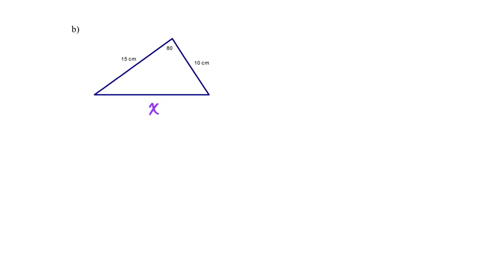And you will notice a big problem. And I mean a big problem. Well, you can use sine law from the standpoint of in order to find X, you need its corresponding angle, and you were given that, which is nice.